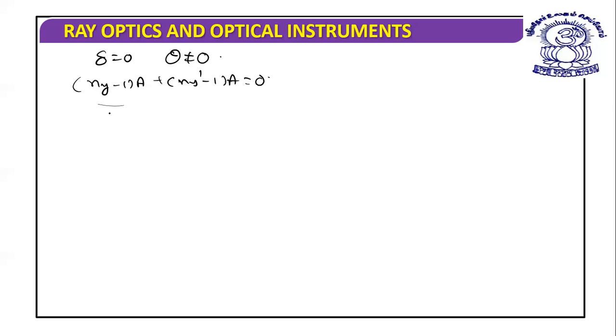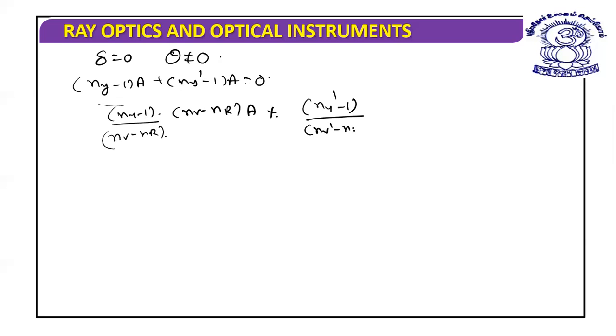This can be replaced by writing (Ny minus 1) as (Ny minus 1) upon (Nv minus Nr), multiplying and dividing with (Nv minus Nr) into A, plus (Ny dash minus 1) upon (Nv dash minus Nr dash) into (Nv dash minus Nr dash) into A dash is equal to 0.